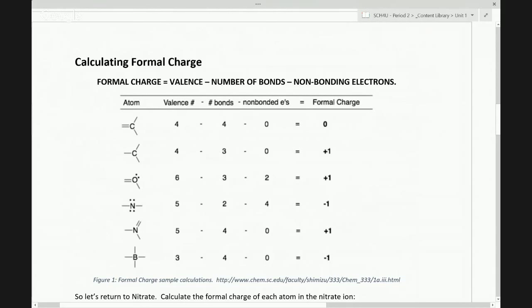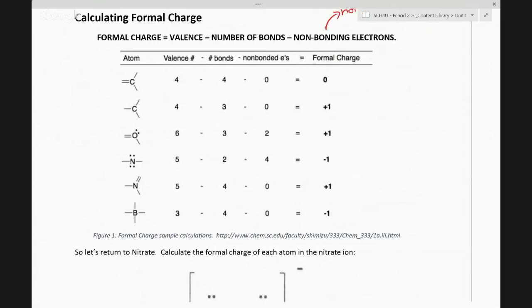All right? Note not the bonding electrons, but just the number of bonds, and then minus how many electrons it has solo. And note this is not pairs. It's individual electrons that you have to subtract.